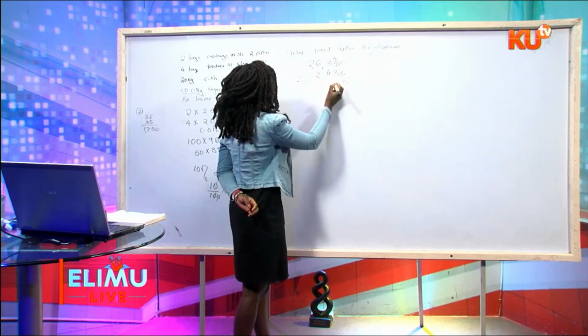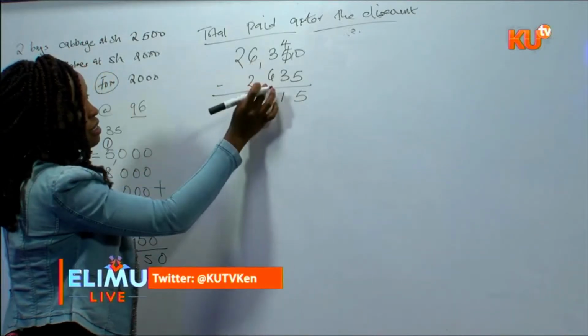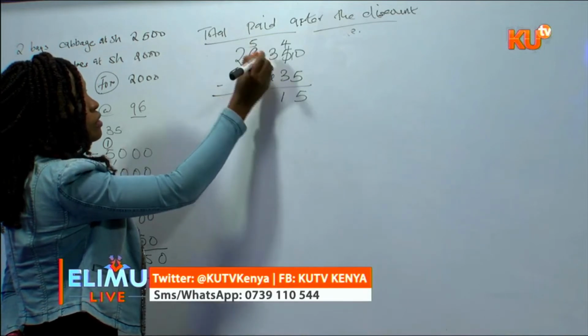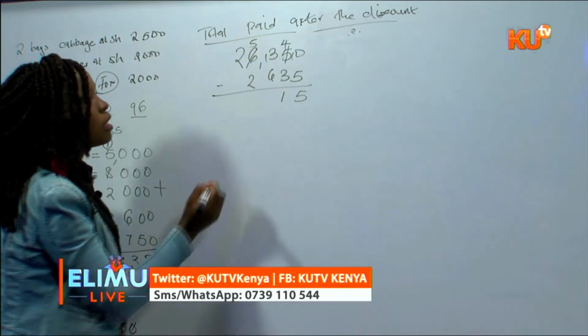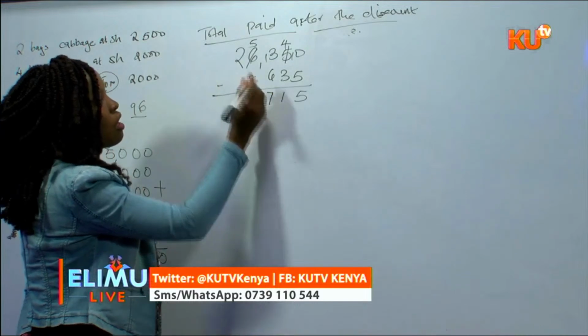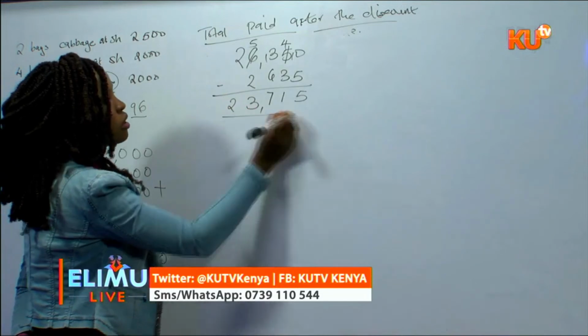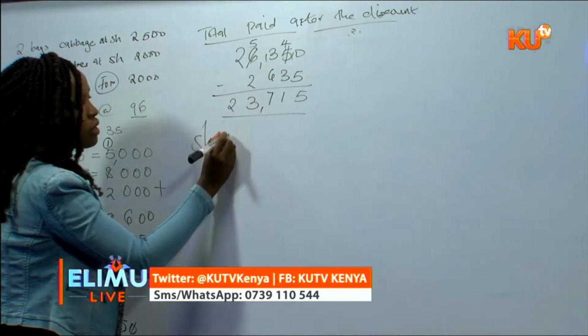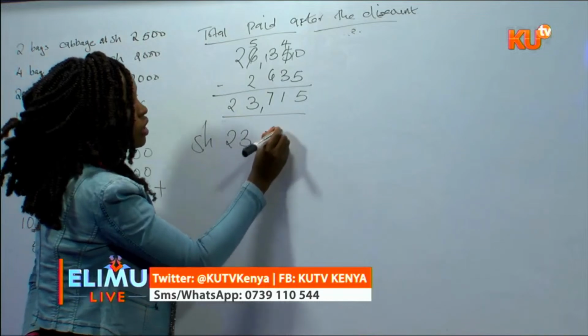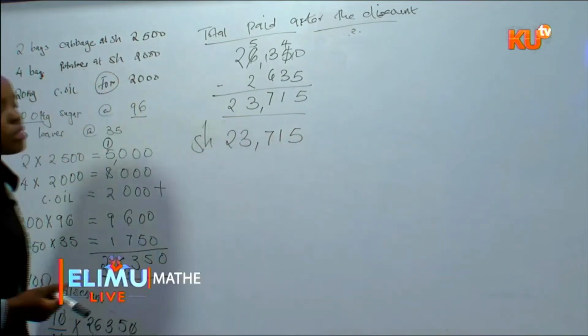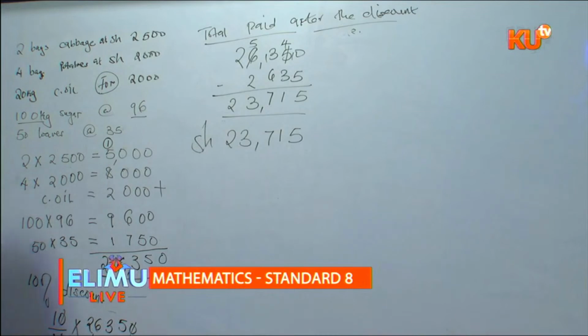Then 4 minus 3, we get 1. 3 minus 6, we borrow 1 from 6, we remain with 5. 13 take away 6 is 7. 5 take away 2, we get 3, and then 2. That means after the discount, he paid 23,715 shillings. That was the amount of money he paid for the items after he was given the discount.